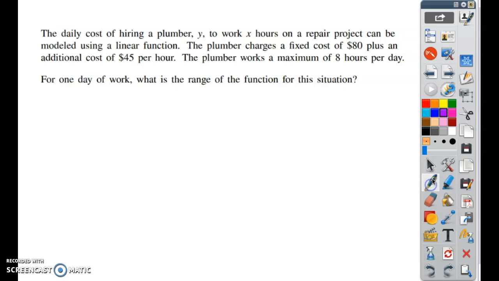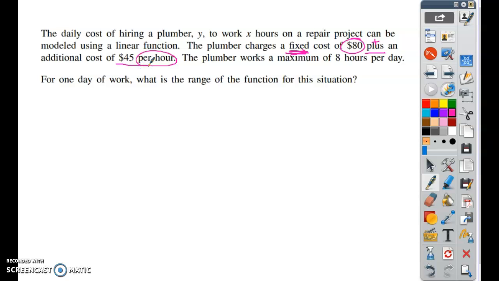The next one, we're going to have to create an equation of what it's talking about. It says the daily cost of hiring a plumber, Y, to work X hours on a repair project can be modeled using the linear function. The plumber charges a fixed cost, that means it's not going to change, of $80 plus, put a plus sign, an additional cost of $45 per hour.